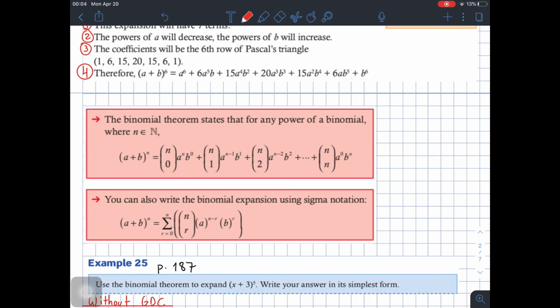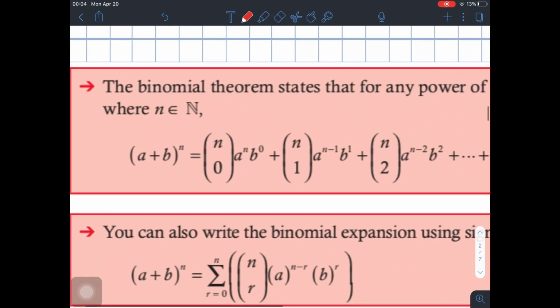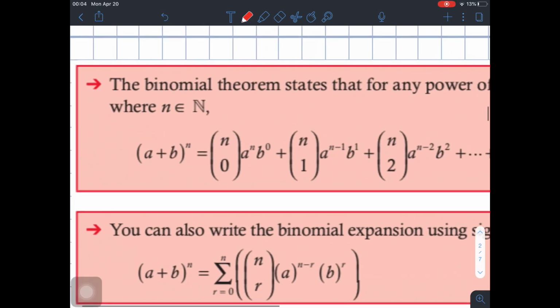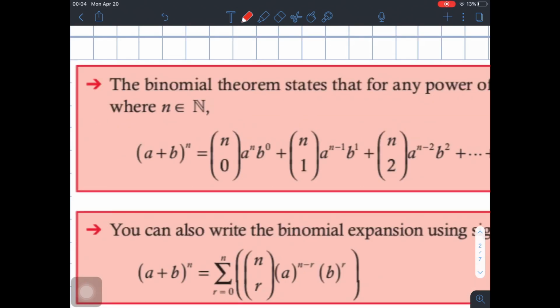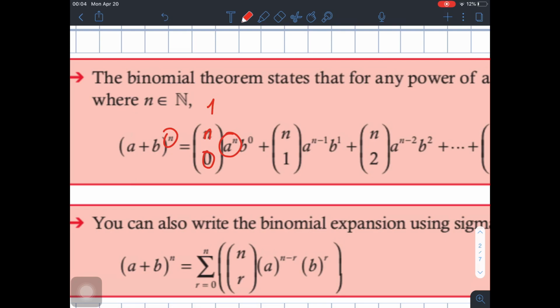It says the binomial theorem states that for any power of a binomial, where n belongs to the natural numbers, a plus b to the power of n equals the first coefficient in the Pascal triangle, which is n, the total exponent, taken 0, because it always starts at 0 in order to get the first coefficient to be 1. Okay, then a has the maximum exponent, b has the lowest exponent.